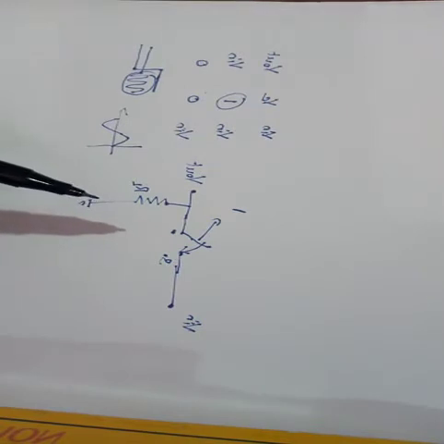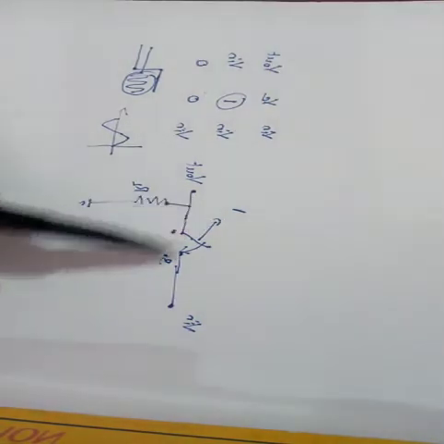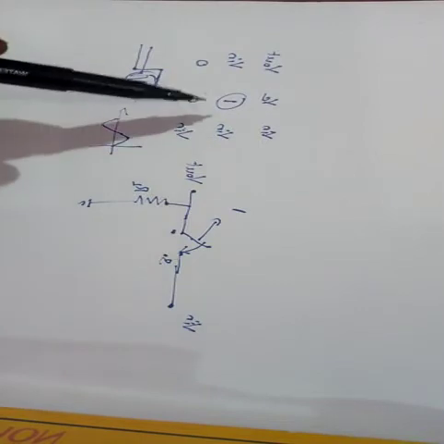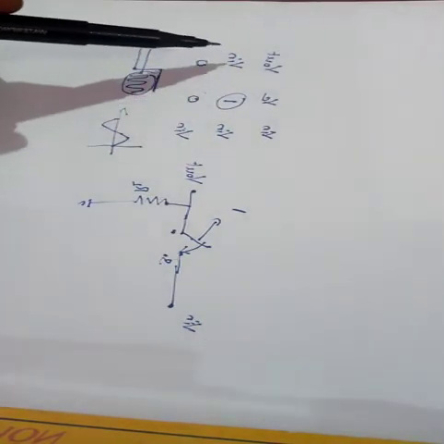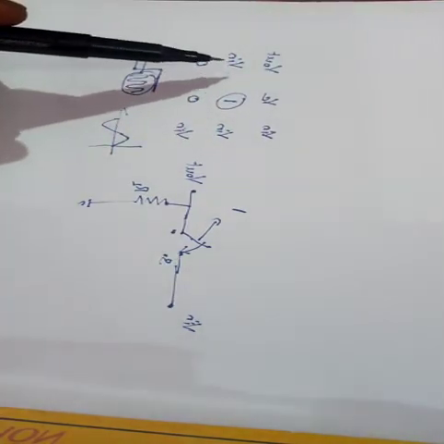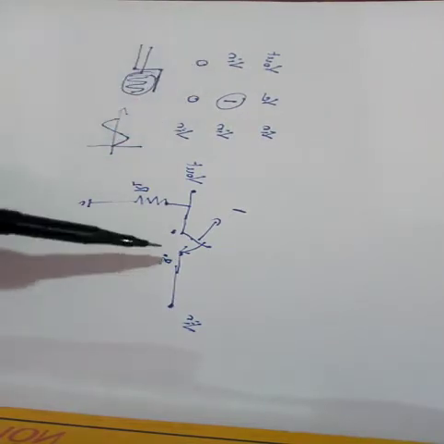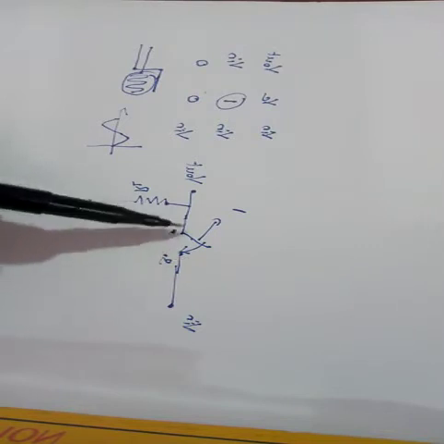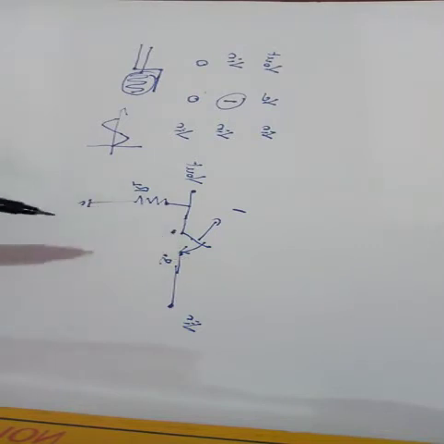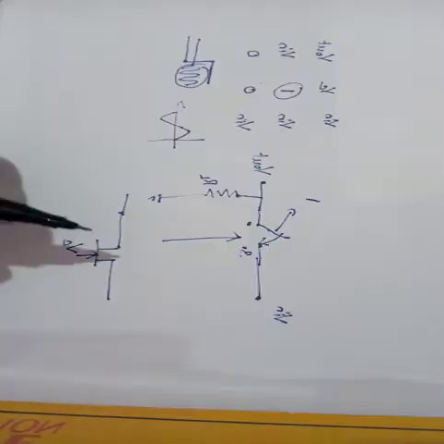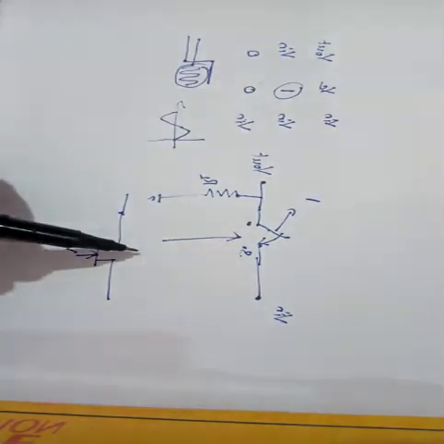So I can say when my switch is on, I can get the maximum or the entire input. When the switch is off, the V out is 0, provided for an ideal case there is no on-state drop across the switch. So this is the equivalent.